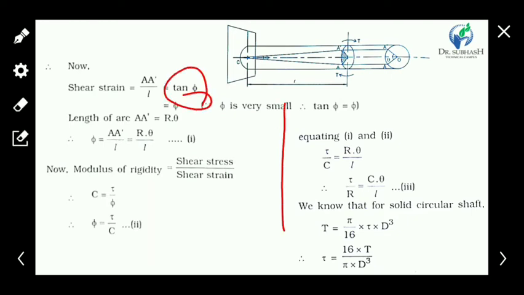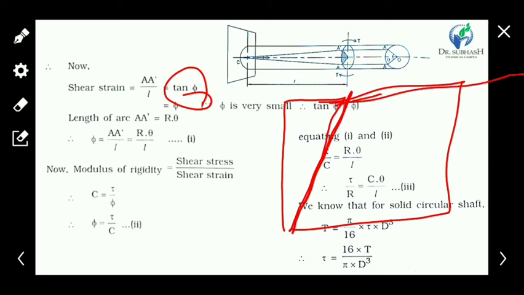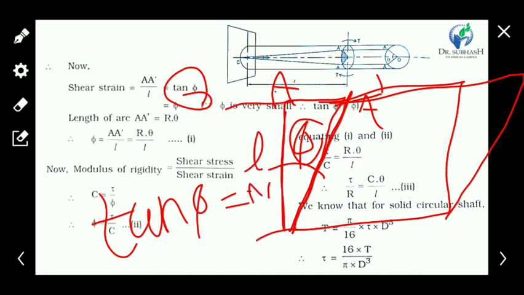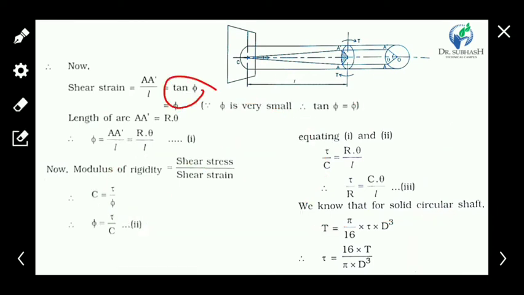From that triangle, after achieving the new position, this is the angle phi and this is A dash A. Tan phi is equal to the opposite side to the nearby side, so A dash upon L. So the ratio A dash upon L is defined by tan phi.